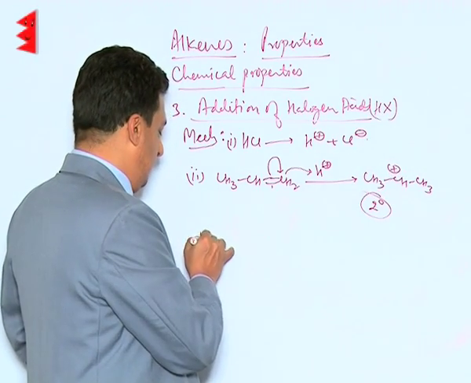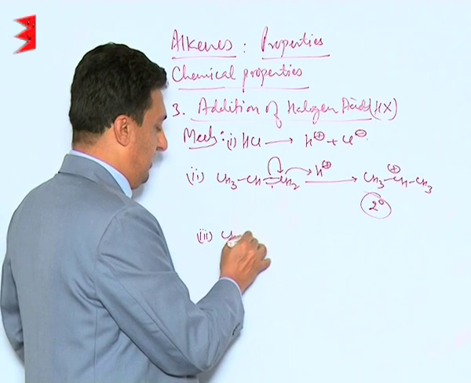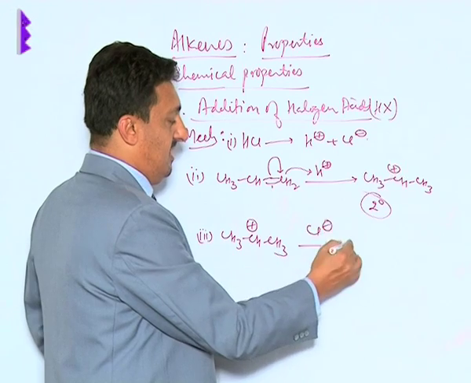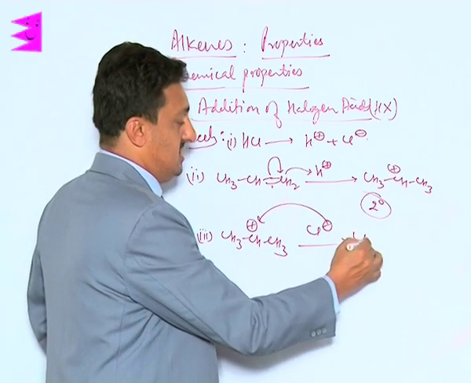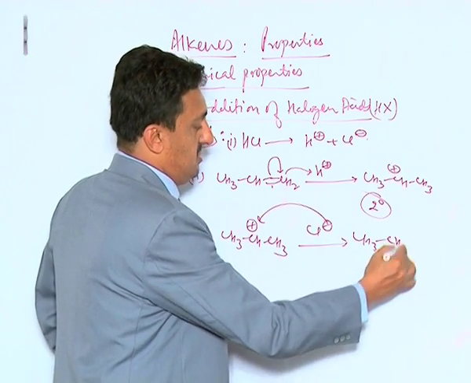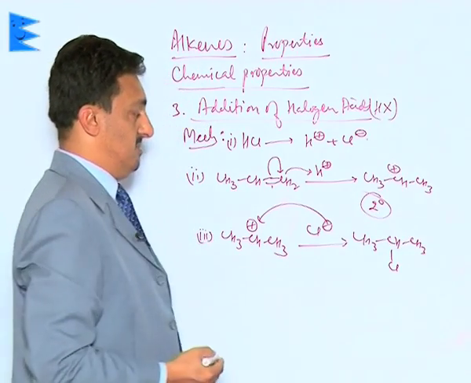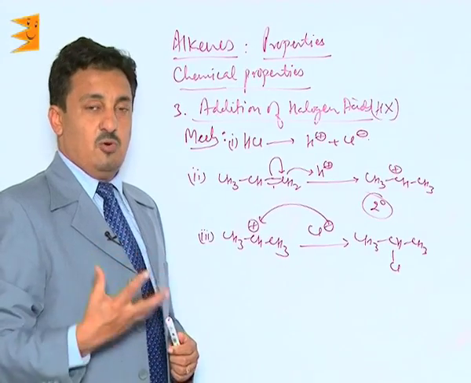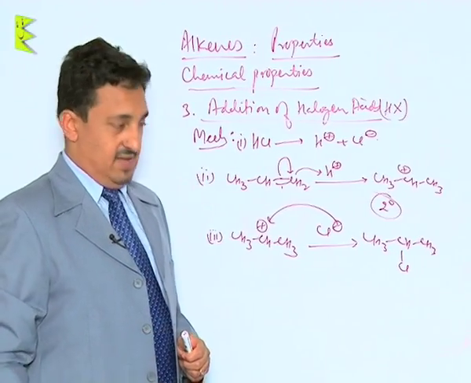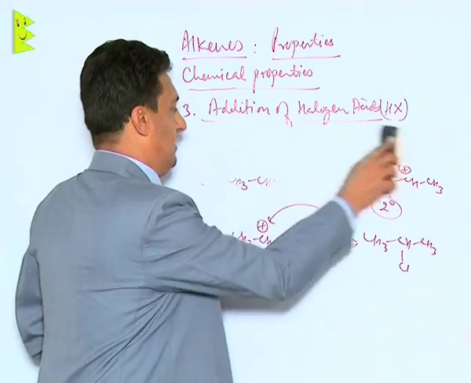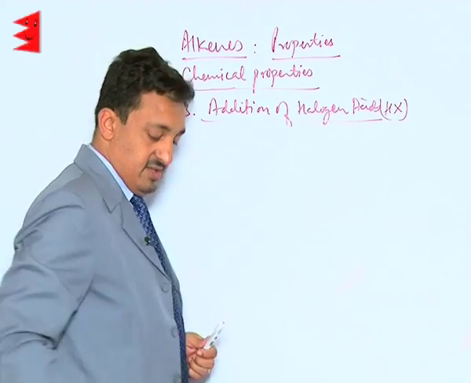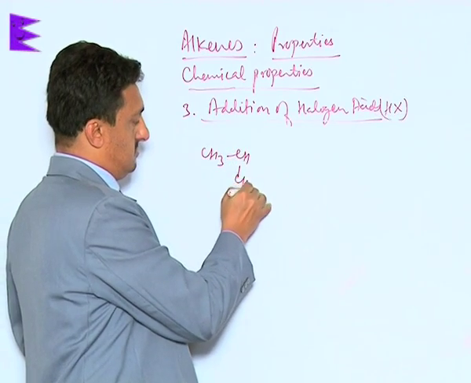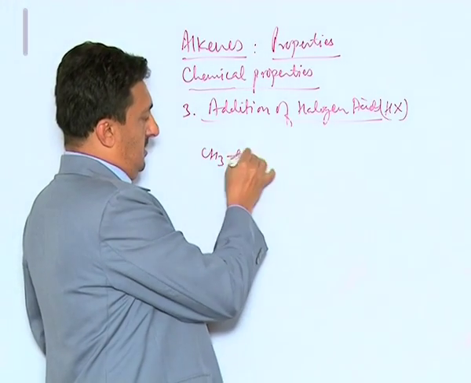And once this secondary carbocation is formed, the addition of the Cl minus nucleophile takes place on this, and this results in the formation of this product. So this is the basis of Markovnikov's rule, that it involves the formation of a more stable carbocation. Let me explain it to you with another example.